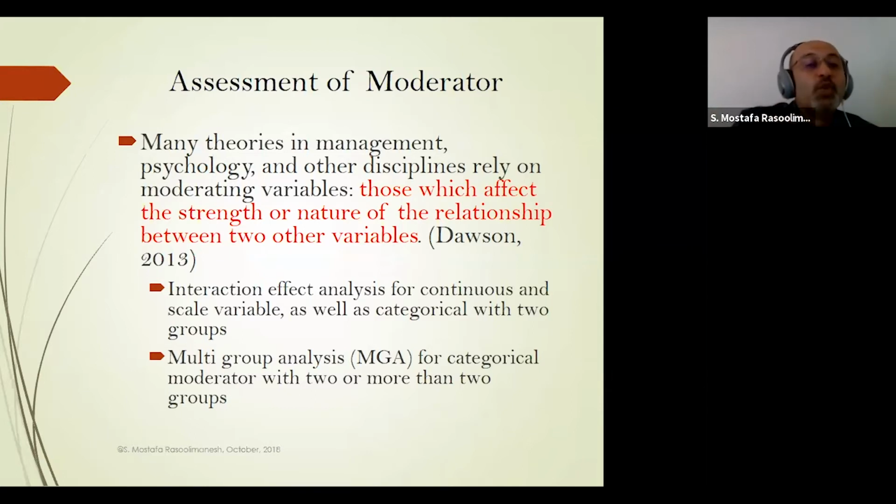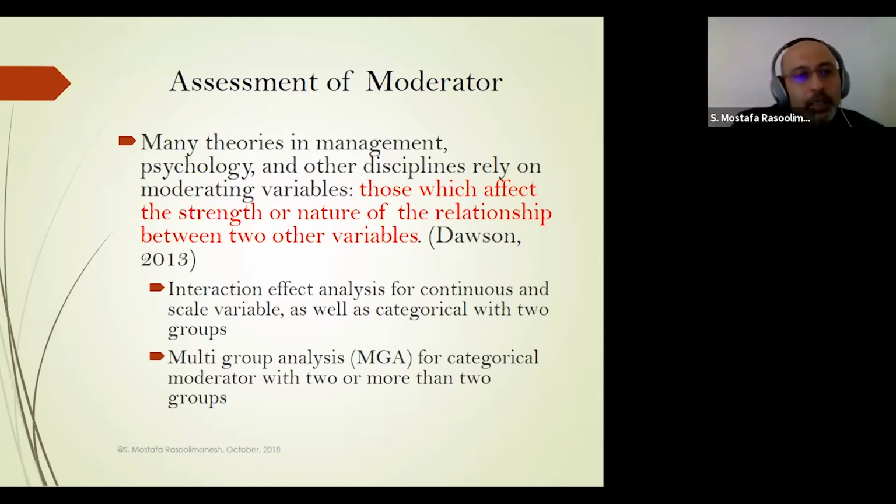But when we have a continuous variable, for example a latent variable with some items, and we want to see the moderating effect of this latent variable, like social value, which in the first paper I showed you was a latent variable measured with a few items, then it's better to apply interaction effect.